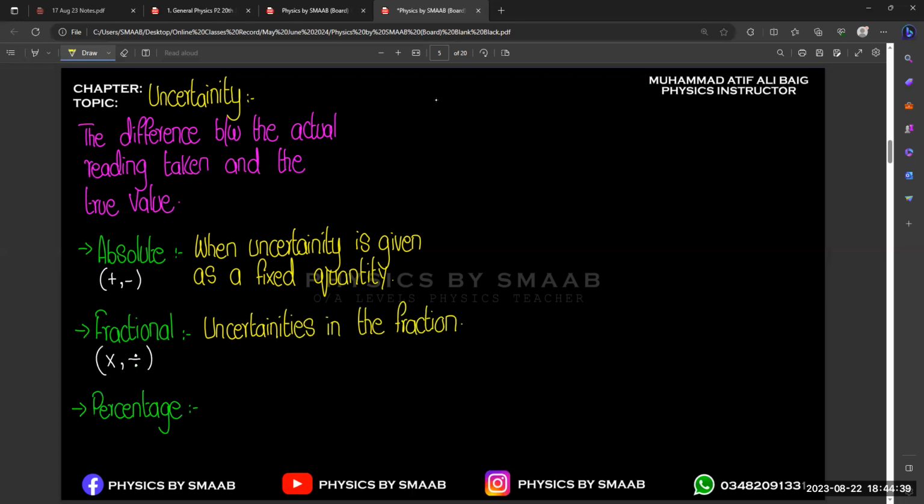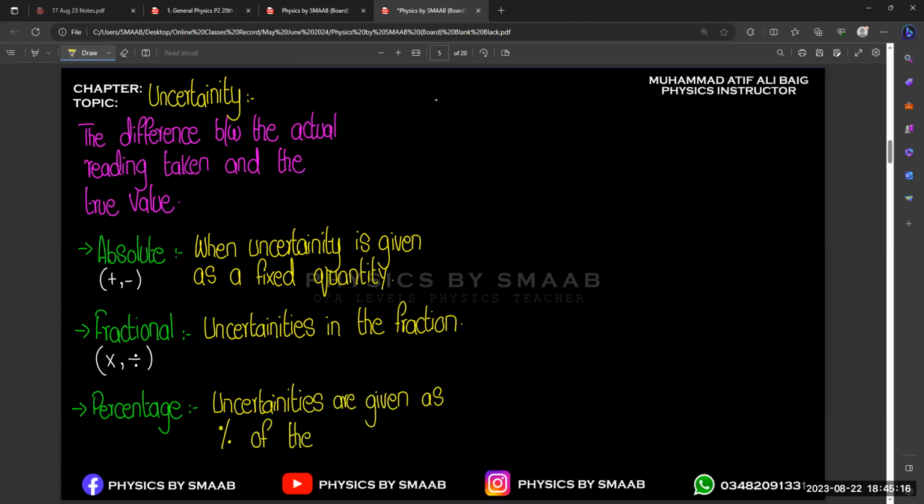In simple words, in percentage uncertainties it is given as the percentage of the measurement.